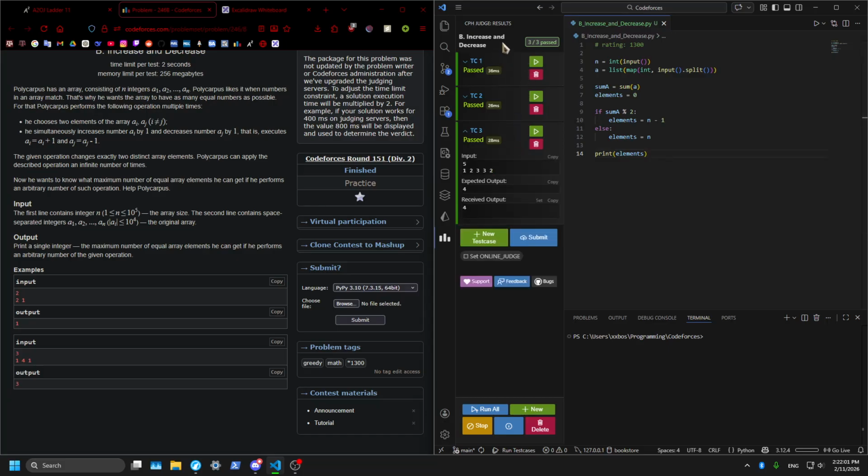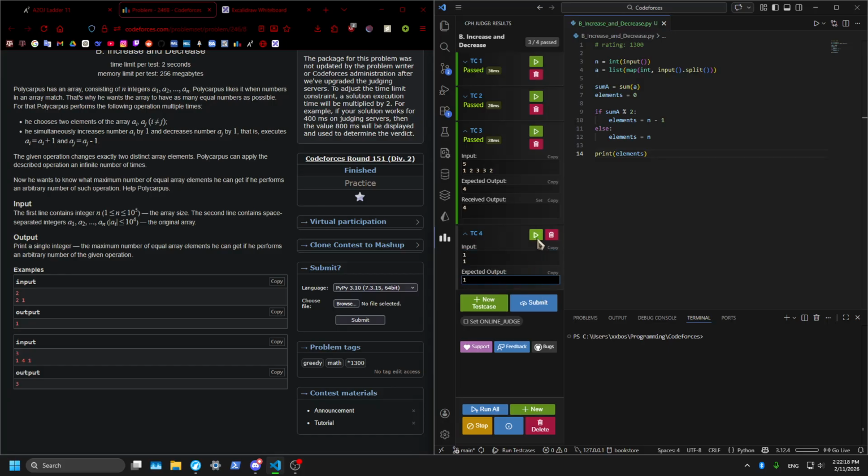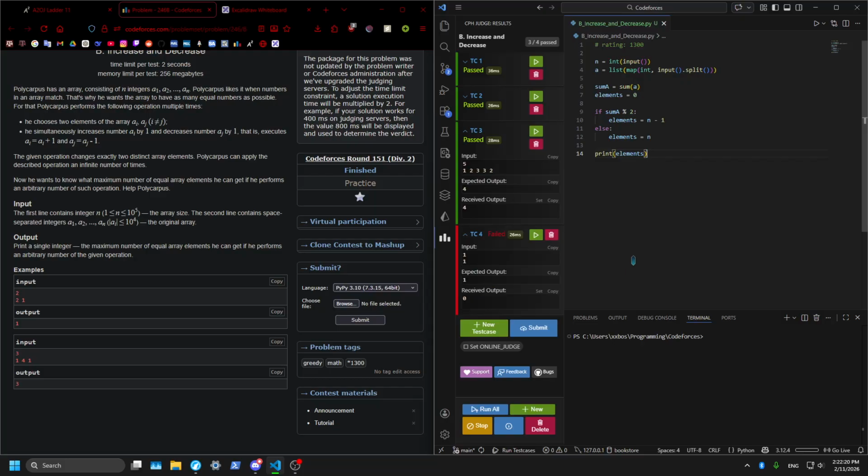Right. There could be one element. So, I guess another case would be... hey, this fails. Glad I tested this.